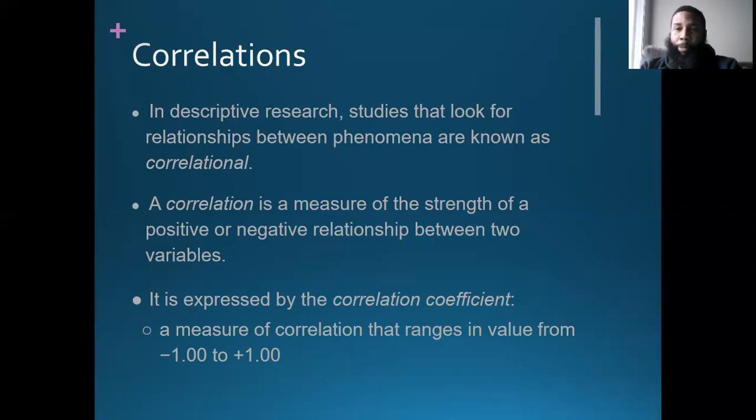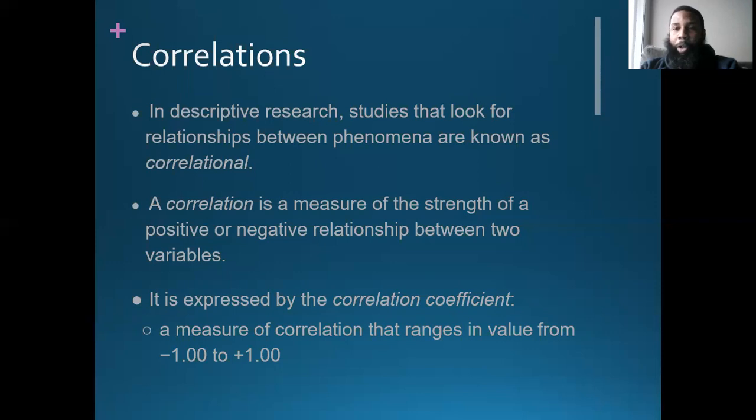Correlations are measured between -1 and +1. Now, -1 would mean there's a negative relationship. That means an inverse relationship between two variables. And +1 means that there is a positive relationship. So a clear associationship between two variables.